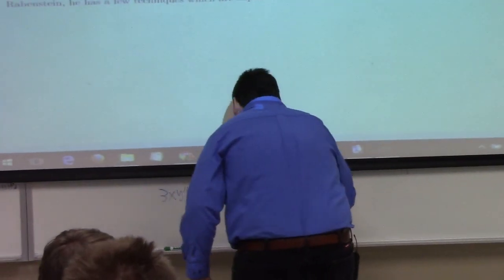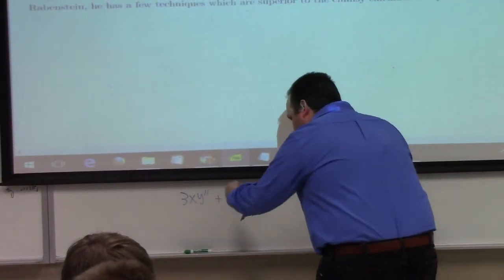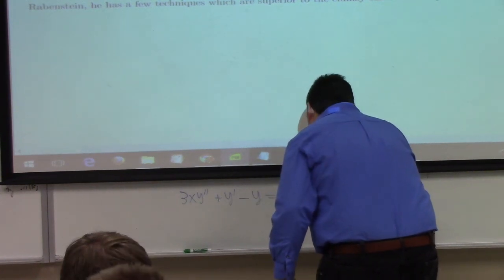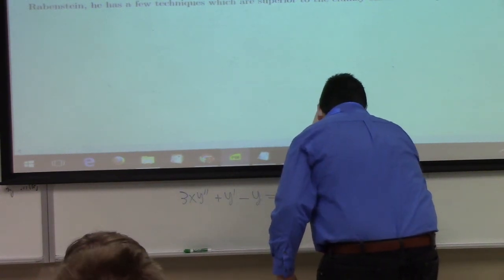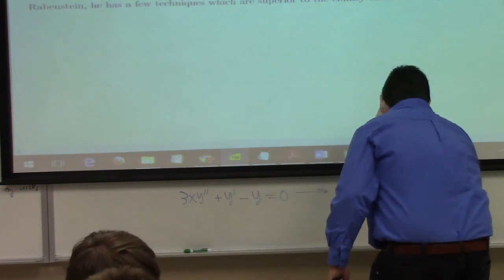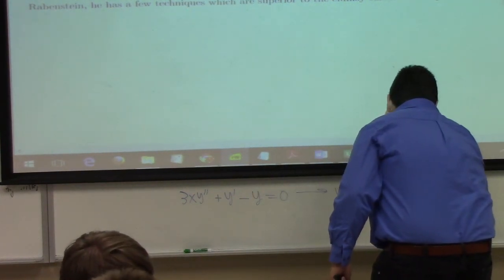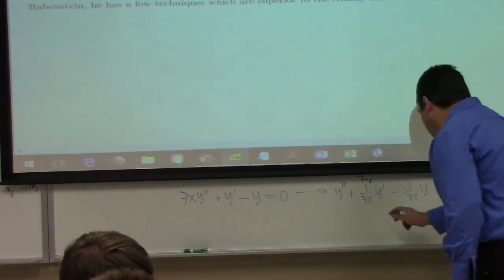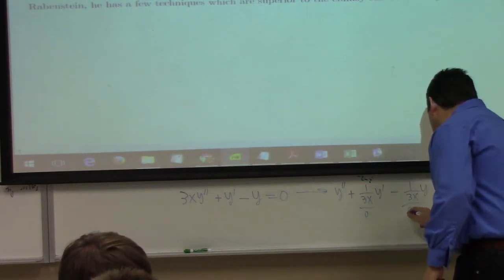Excuse me, divide by 3x, right? So we get y prime prime plus 1 over 3x y prime minus 1 over 3x y equals 0, right? So this is my p, this is my q.